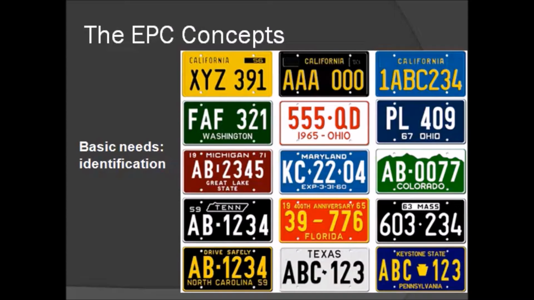In other words, even if we have the same serial number, for example AB1234, we still can differentiate the two cars, because one is issued by Tennessee and another by North Carolina.